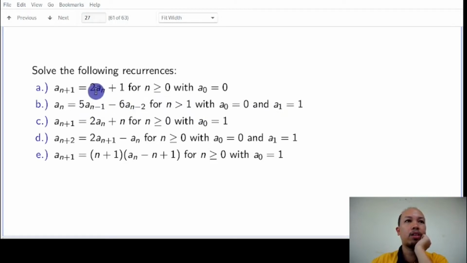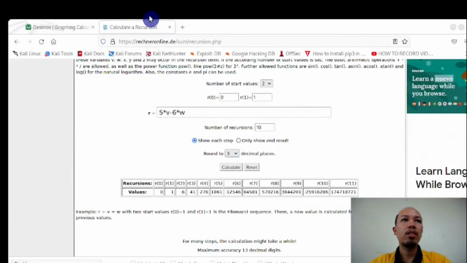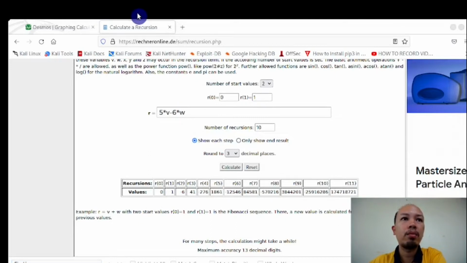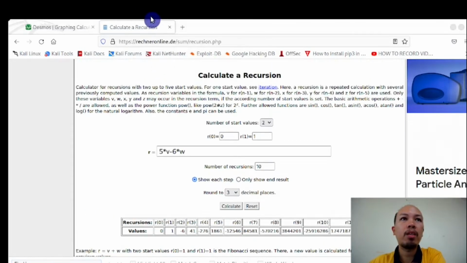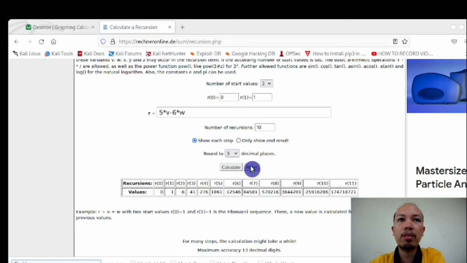So a sub 2 must be 5. So what happened here? I think there's a mistake in this calculator. 0 1. What happened? Did I make a mistake? Minus 6 a n minus 2. What happened to the code?